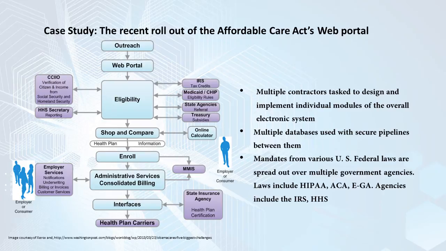So this is a case study about the recent rollout of the Affordable Care Act, and I've listed 3 challenges here. Multiple contractors were tasked to design and implement individual modules of the overall electronic system, and multiple databases are used with secure pipelines between them, and mandates from various federal agencies and laws are spread out over multiple government agencies.